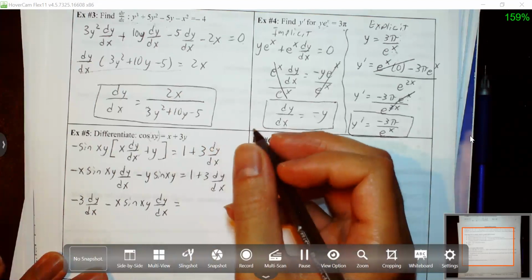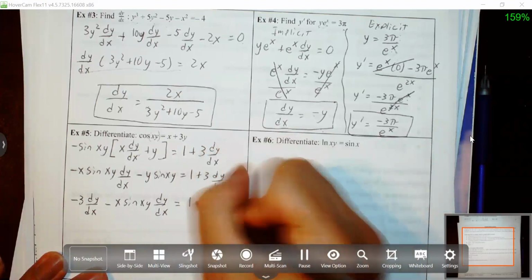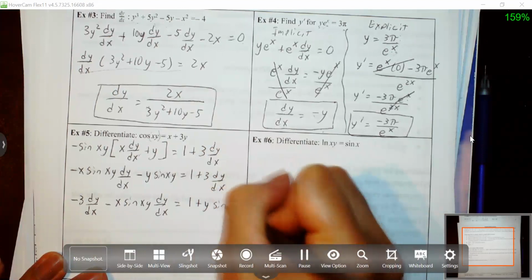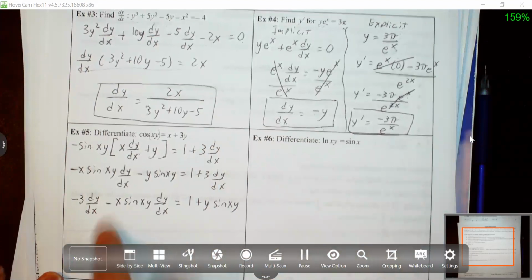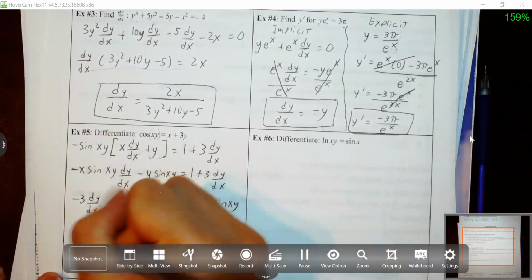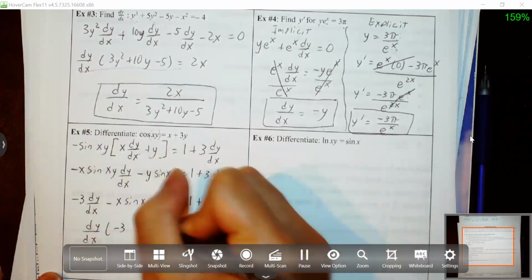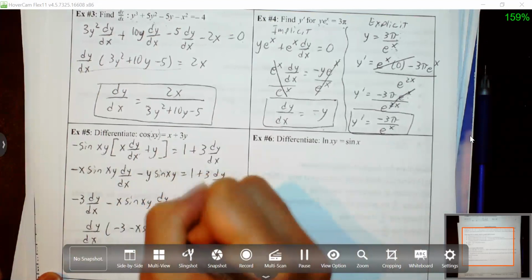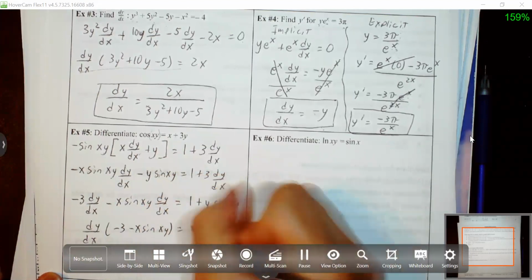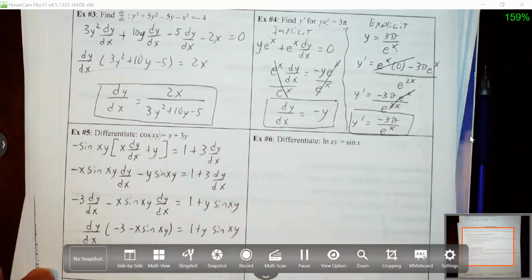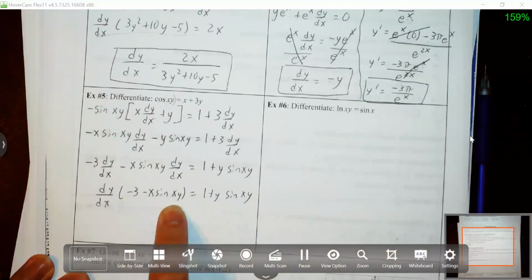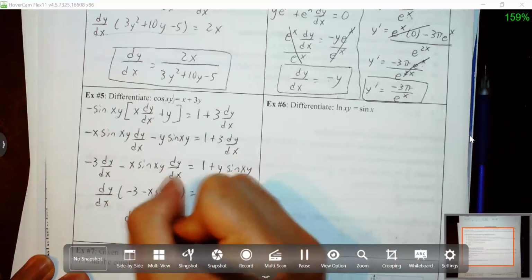So I am going to have a 1 plus y sine xy. I factor out a dy dx, and I get -3 minus x sine xy is equal to 1 plus y sine xy. And then I'm just going to divide both sides by -3 minus x sine xy to get the dy dx by itself.